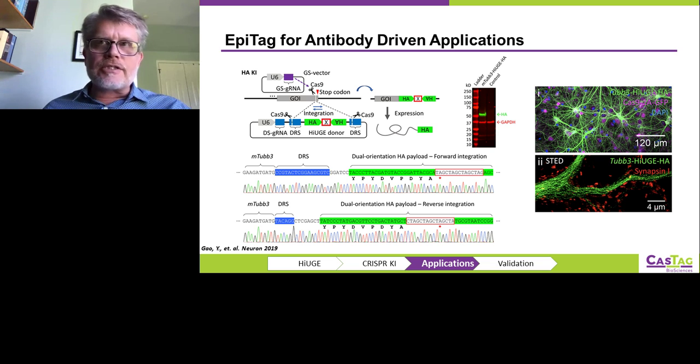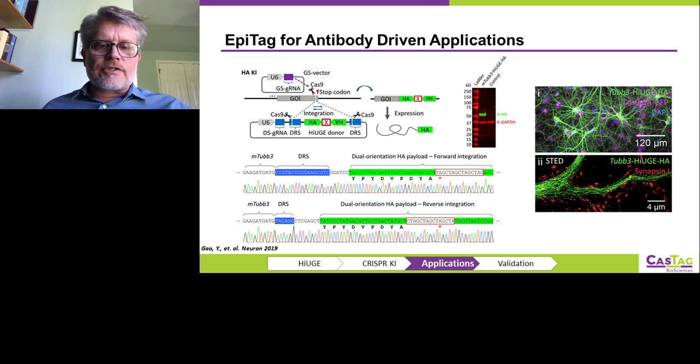Now, I should mention that we've designed our epitope tag kits, and we have several different epitopes, such that in either orientation that it inserts, it generates a functional fusion with the epitope of interest, and so it's in dual orientation.